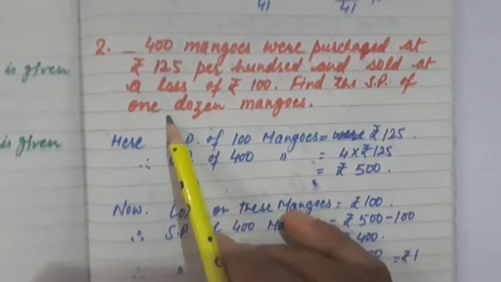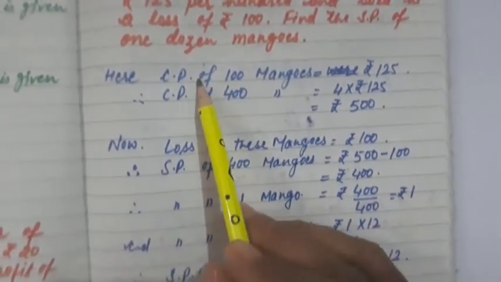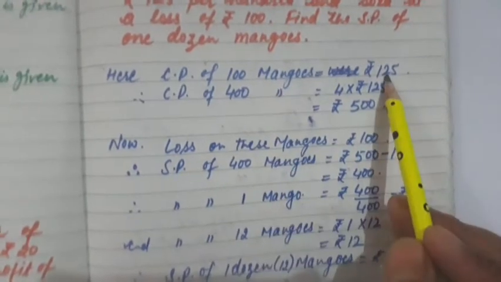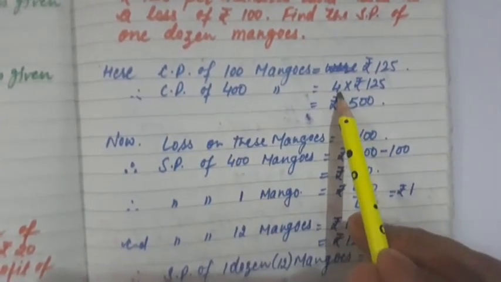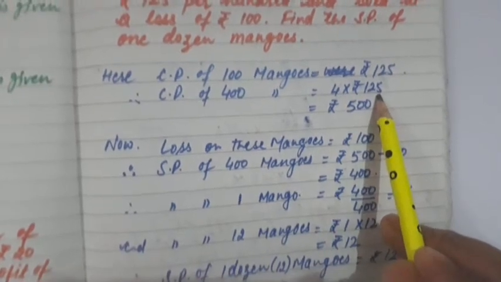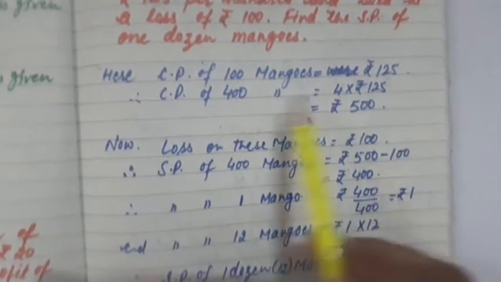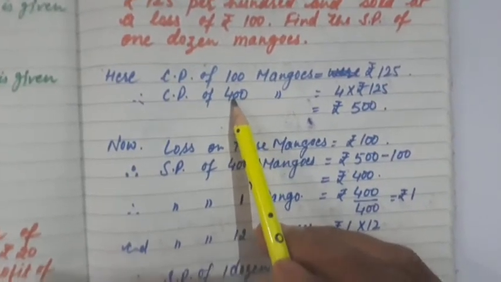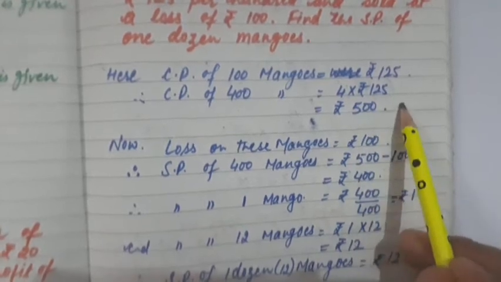Find the SP of 1 dozen mangoes. Here the CP of 100 mangoes is 125. Therefore the CP of 400 mangoes, we multiply 4 by 125, because 4 into 100 is 400. So CP becomes 4 into 125, that is 500.